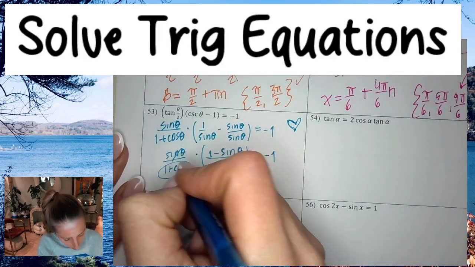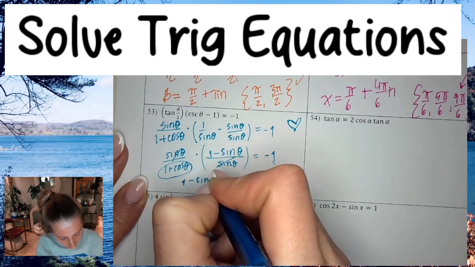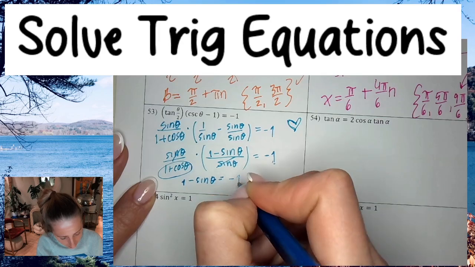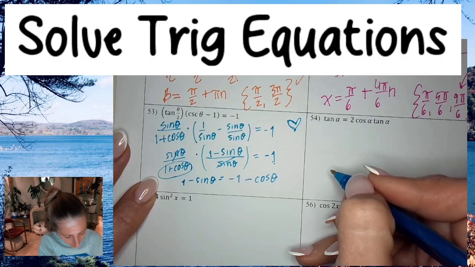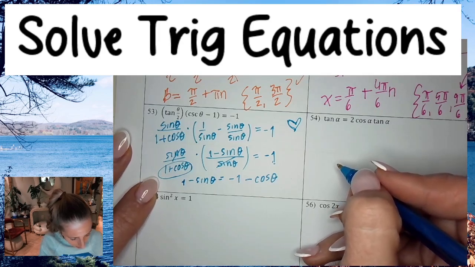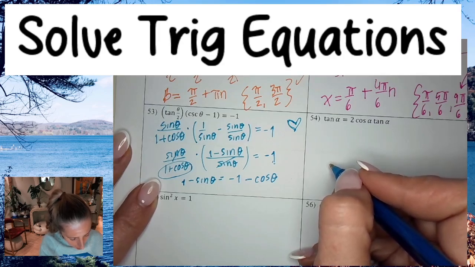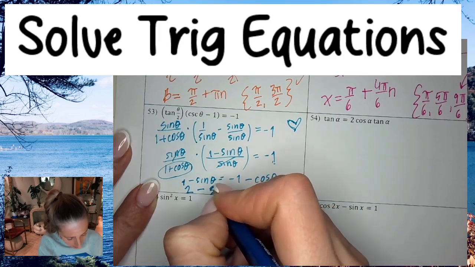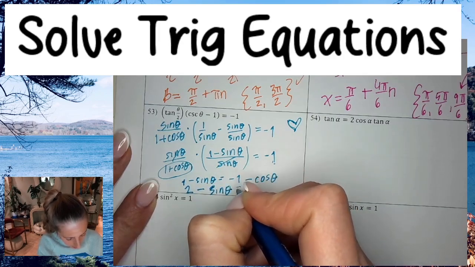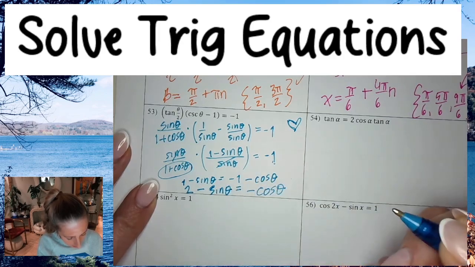I'm going to multiply this over to the other side. 1 minus sine theta is still here equals -1 minus cosine theta because I multiplied it with the -1. Then if I add 1 to the other side, 2 minus sine theta equals negative cosine theta.